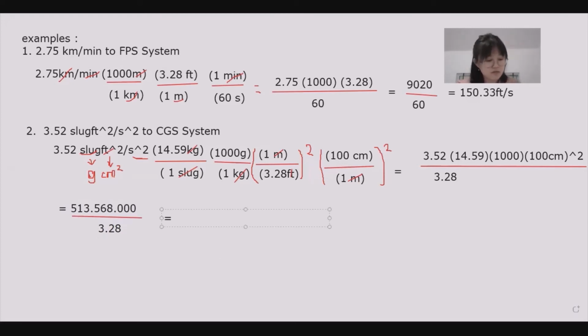So the answer is 477,364.39 gram centimeter square per second square. Okay.